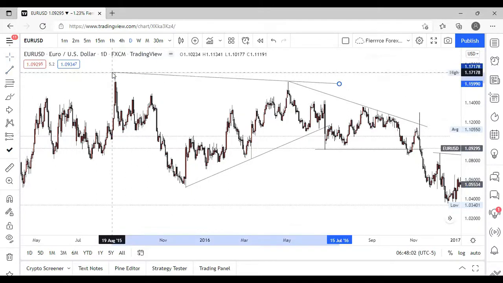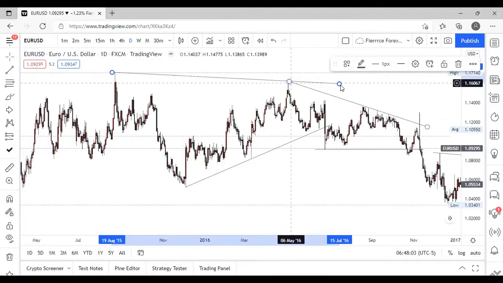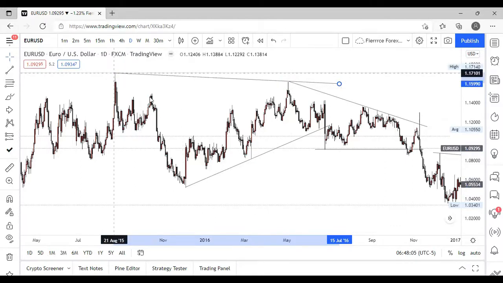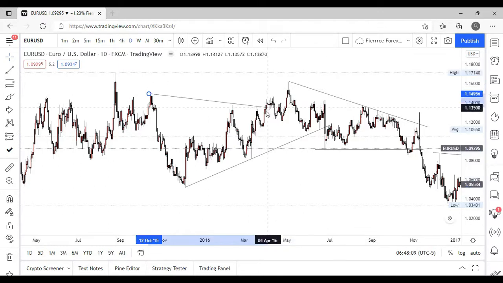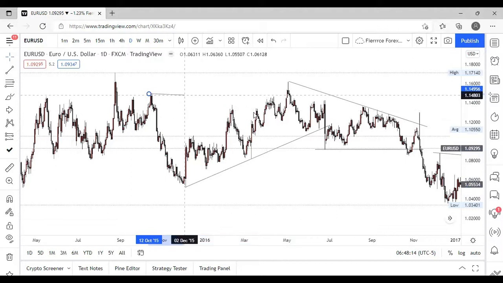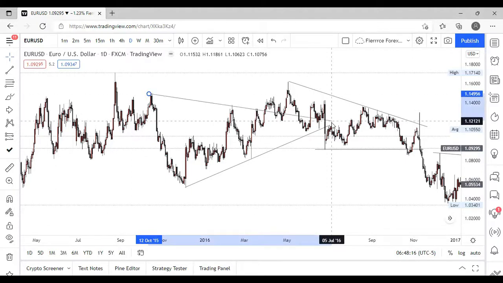This is pretty much, when I look at it from this swing high, kind of like an asymmetric triangle. Price broke out of it.